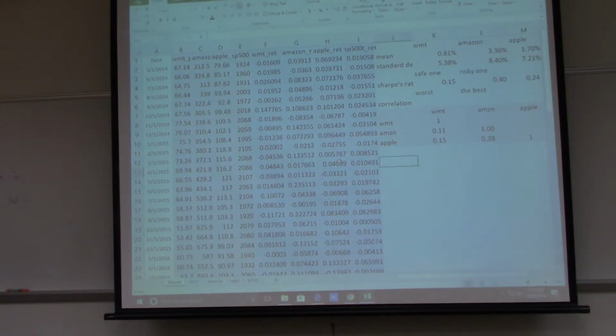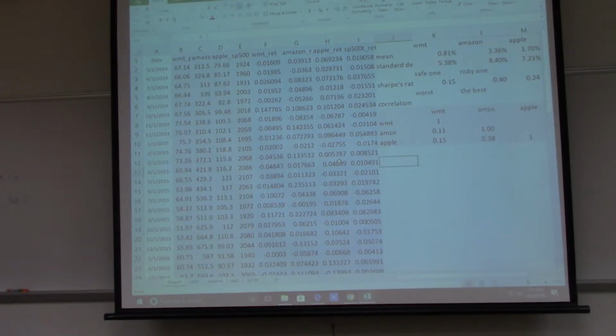Now, once we got the correlation, we did every calculation now. Now, for example, I'll give you a question. In our example, the correlation for Walmart and Amazon is 0.11.